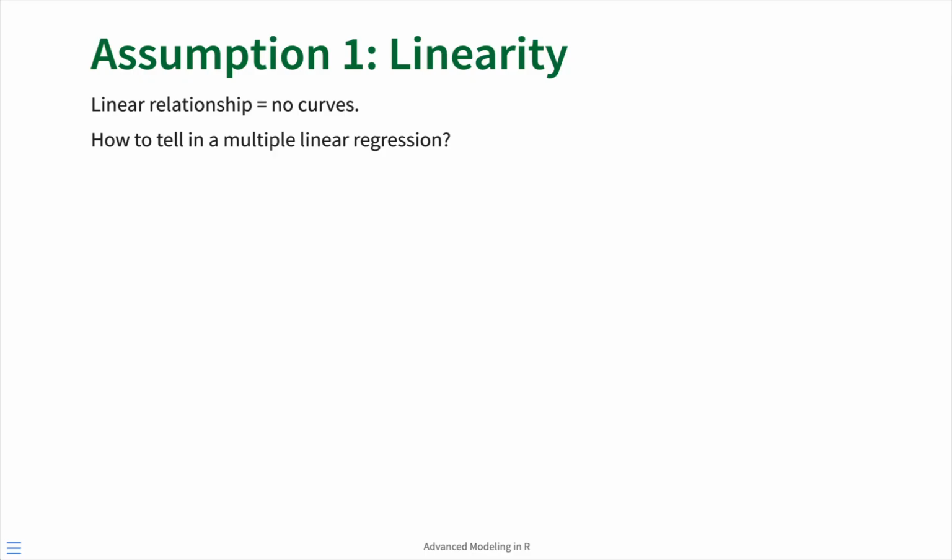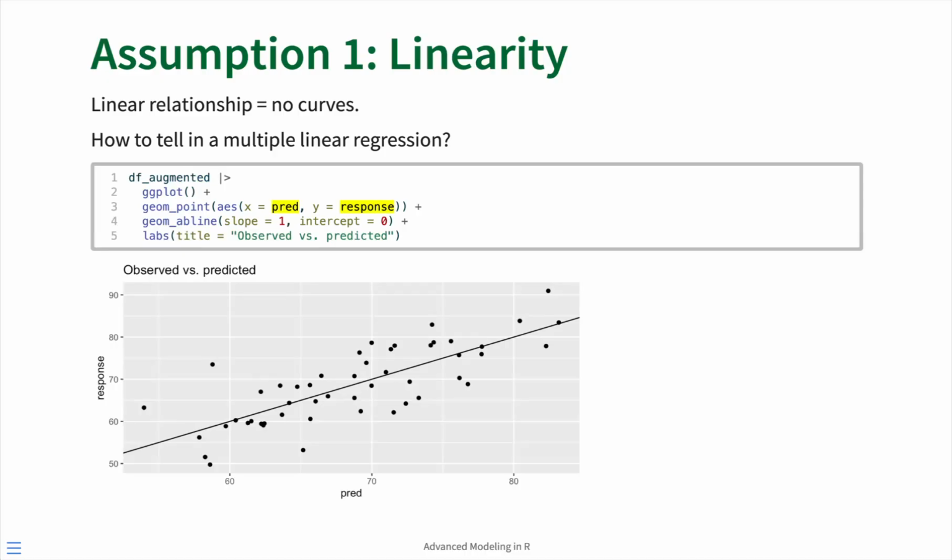To determine this in a multiple linear regression, what we can do is plot the observed values of the response variable versus the predicted values of the response variable, using code like you see here. This will always be a two-dimensional graph because we'll always only have one response variable, and so we'll only have one column of observed values and one column of predicted values. What we want to see is that there is a linear relationship between these two variables.